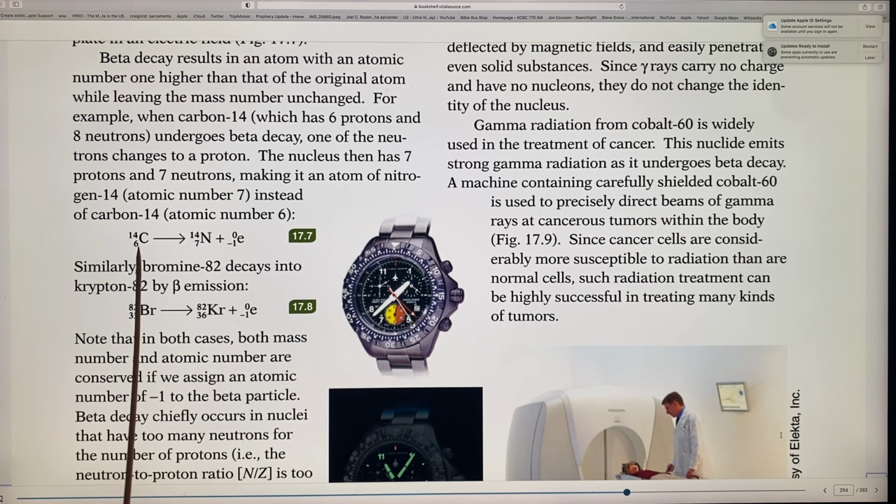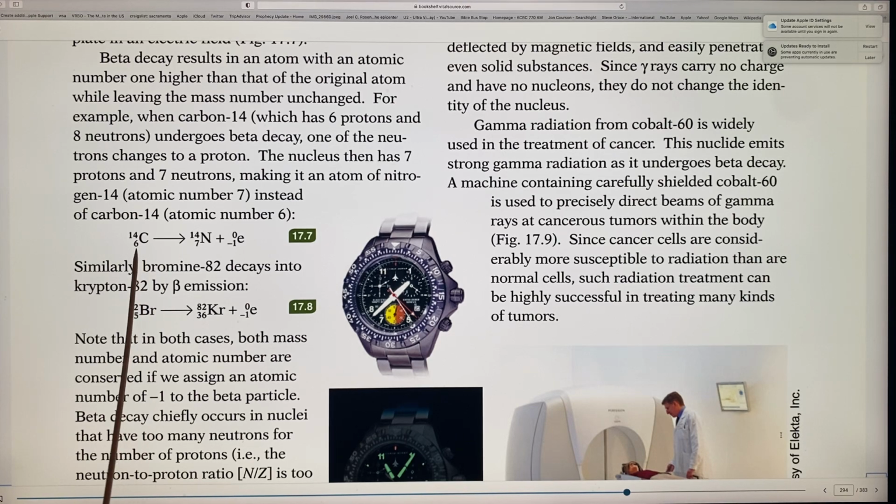Carbon has 6, its atomic number, right? And it has 14. So what does that mean? It's going to have 6 protons and, I'm sorry, 8 neutrons. Well, anyway, 14 has 6 protons and 8 neutrons.